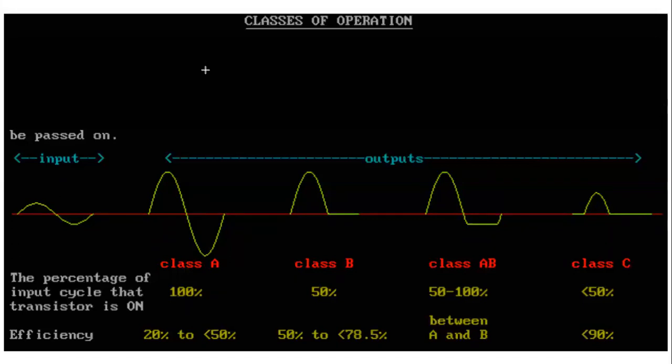Transistors we can deploy in class A amplification, class B, class AB, class C, class D, class E. Based on the behavior, we classify or separate those under the classes based on their configurations.